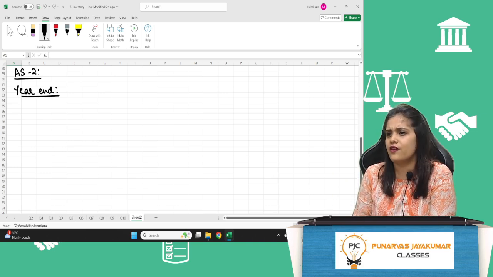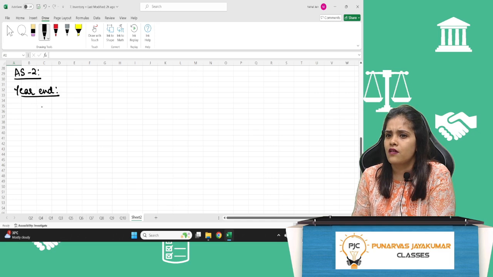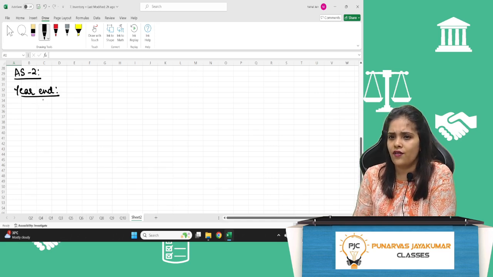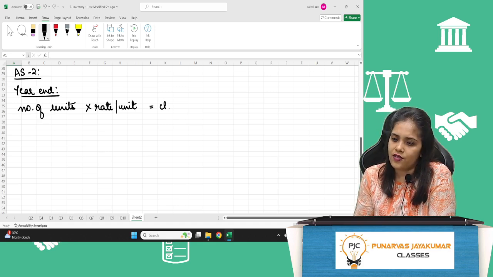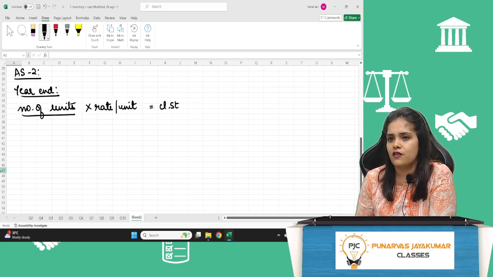How should you value your inventory? कैसे करोगे value of inventory? That is, how to find the rate, value of number of units multiplied by rate per unit will give you closing total. Correct?